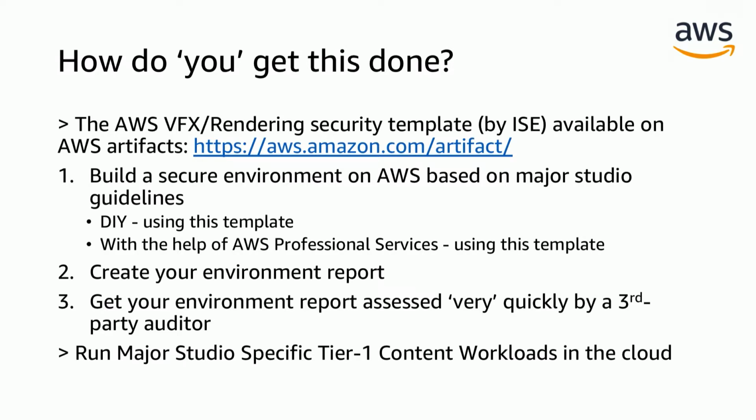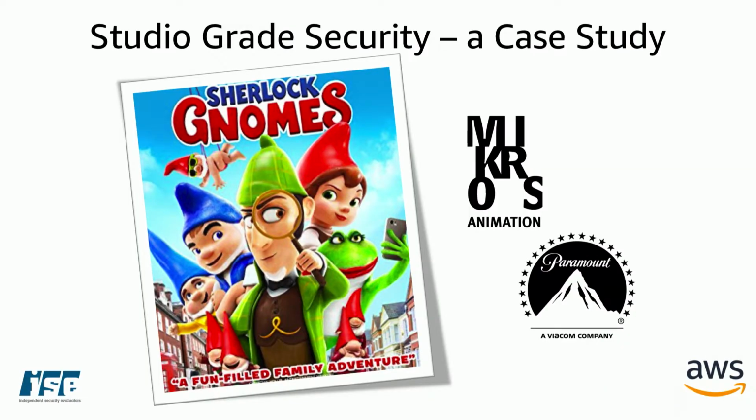And then how do you get it done? I covered it a little bit earlier already, but basically you're building your environment based on the template that's provided to you by ISE, and if you need help, we are here to help from a professional services perspective. And then you create your environment report that could get audited very quickly by a third party.